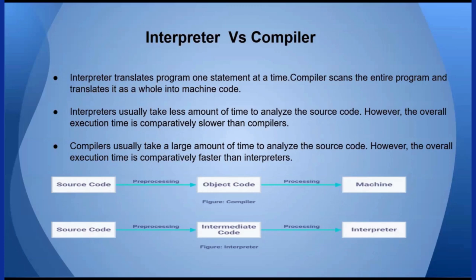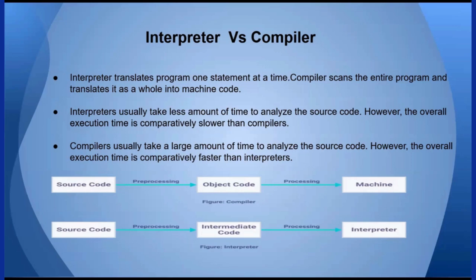Mainly, an interpreter translates the program one statement at a time, and if there is an error in that statement, it will not go to the next line until you solve that problem. While a compiler scans the entire program and translates it as a whole into machine code, and if there is an error, it will show all the errors with the line numbers.